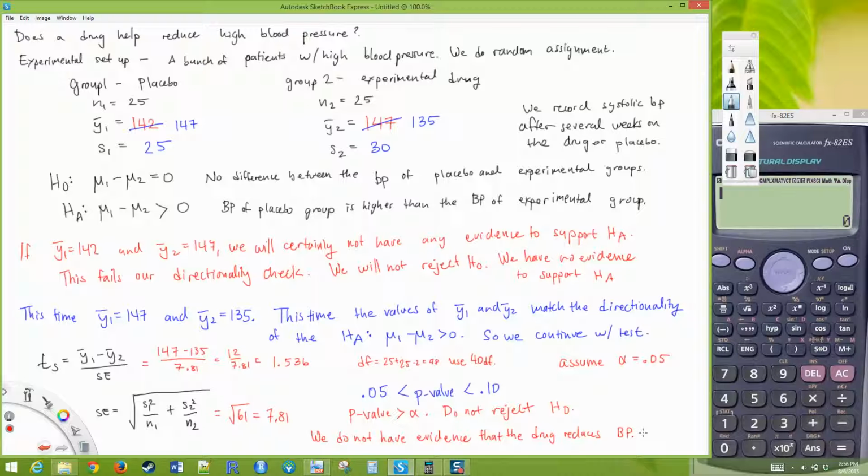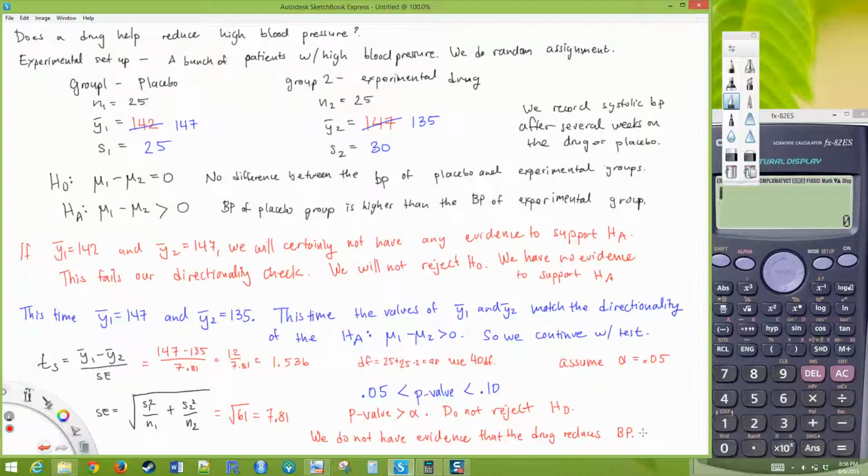It doesn't prove that the drug is completely ineffective. It does not prove that. All it says is that we looked at 25 people for the placebo, 25 people with the drug, and we got this difference of 12 whatever points.